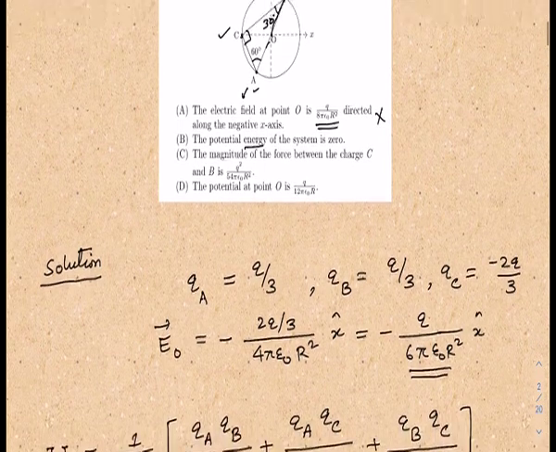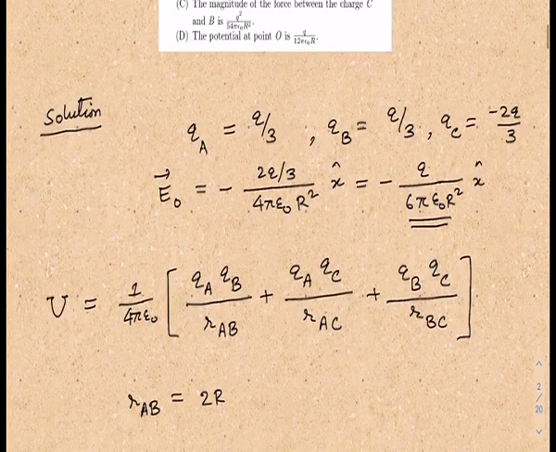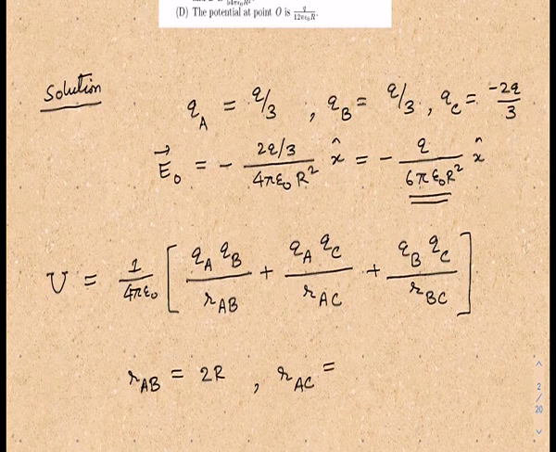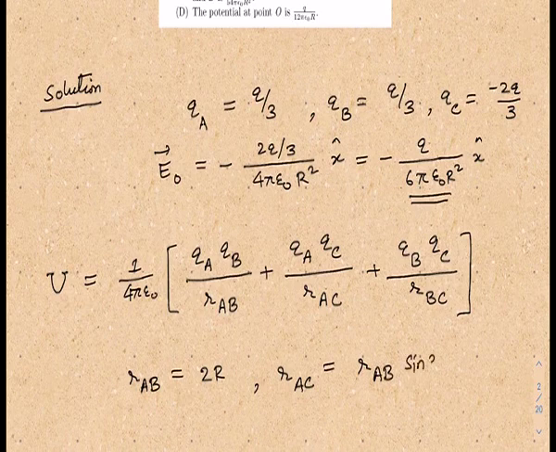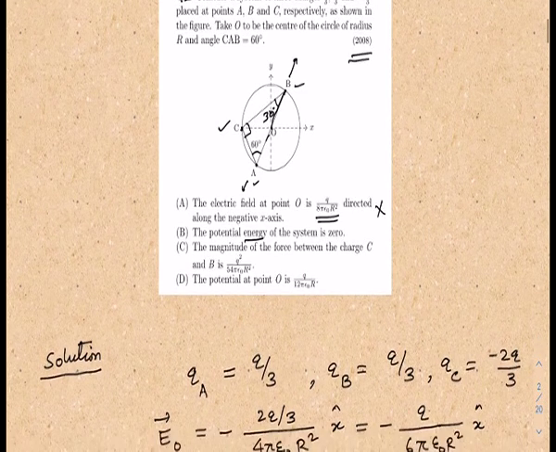So from the diagram I can simply write that RAC is equal to RAB sine 30 degree, or cos 60 degree, which is half.